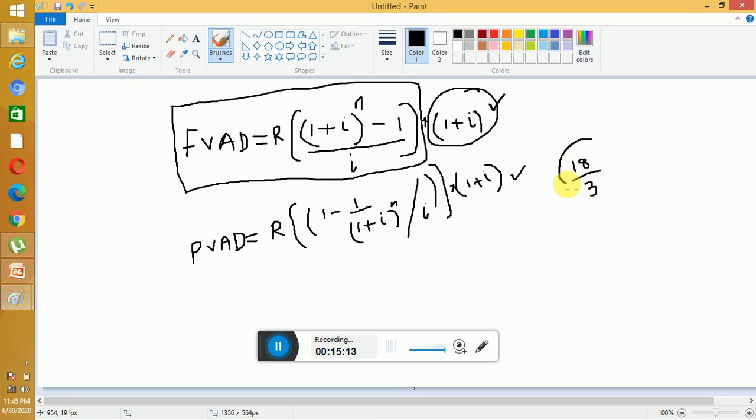This is, suppose, ordinary annuity. But in annuity due, we are multiplying it with 3. Now discounting will be one less time than the previous one.